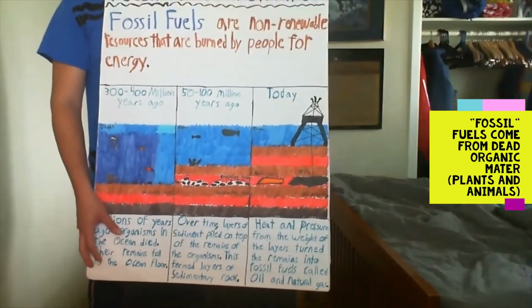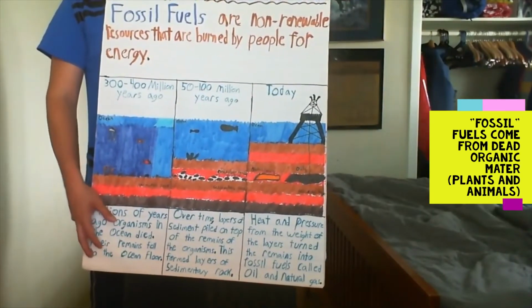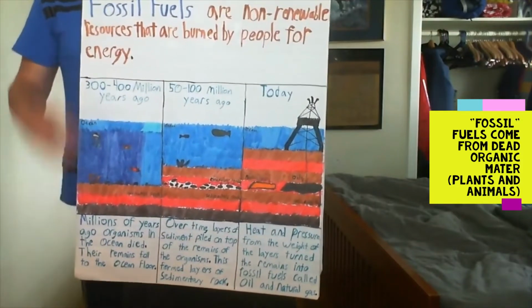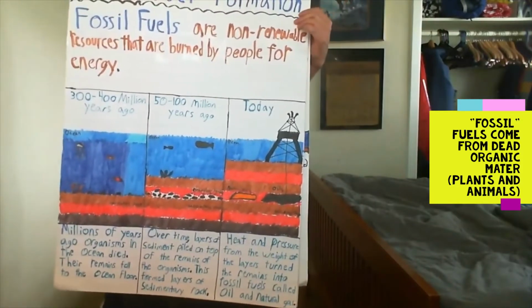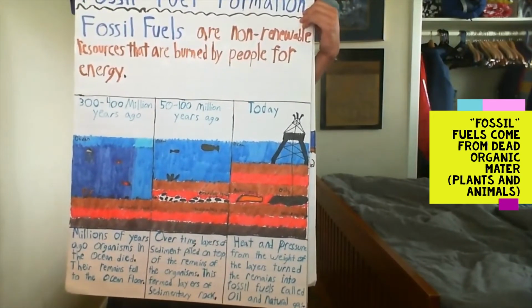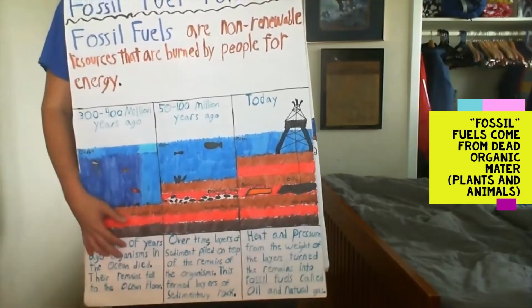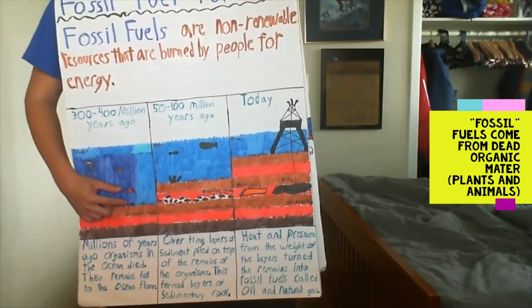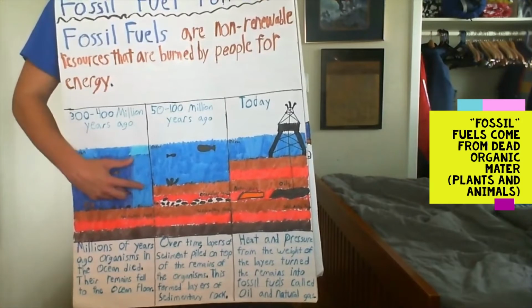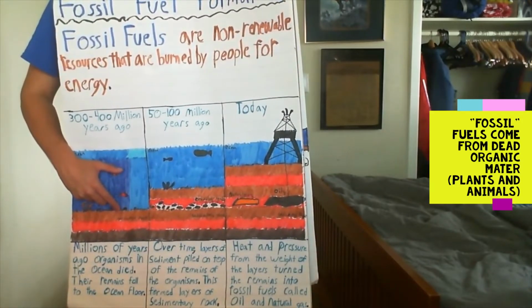Today, we're going to discuss an example of how we can find oil and natural gas at the bottom of the ocean. As you can see, 300 to 400 million years ago, the ocean used to be a lot deeper. And like today, it was filled with aquatic life. This aquatic life are examples of organisms. So over time, these organisms die and they fall to the bottom of the ocean.